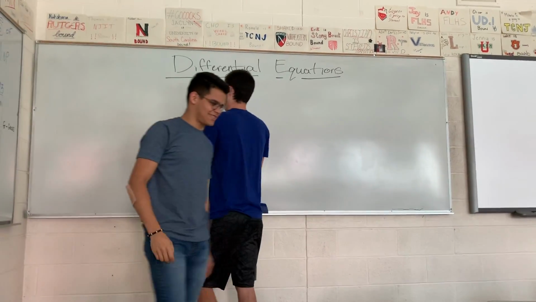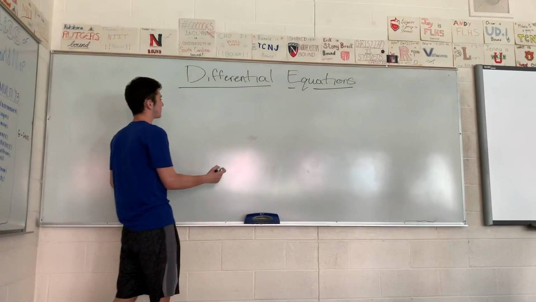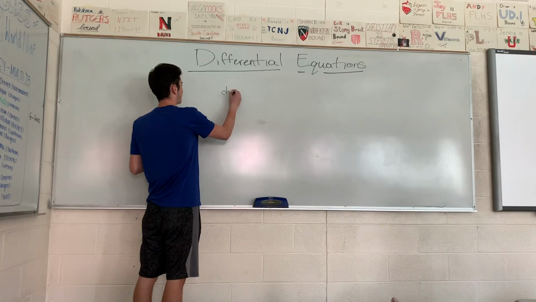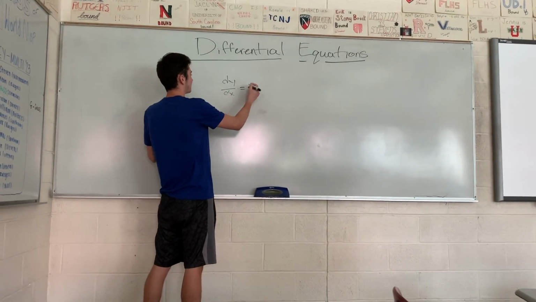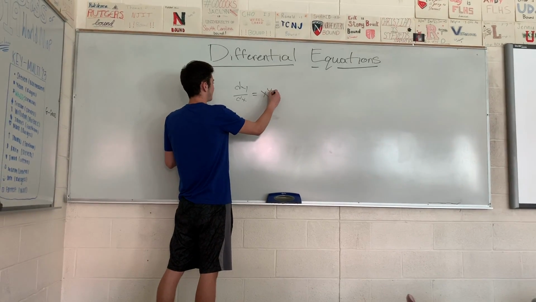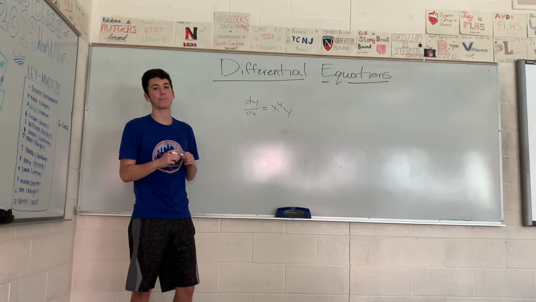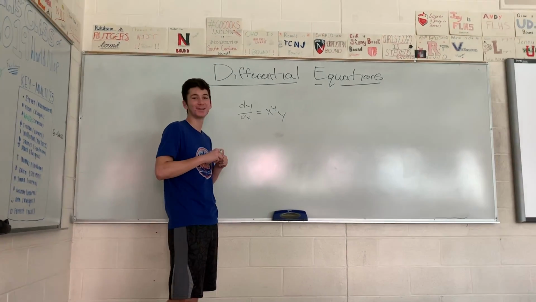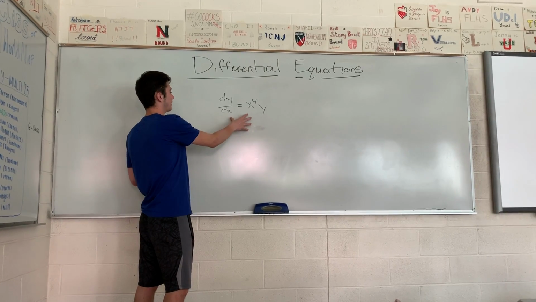Have fun. Okay, so this is differential equations. So what you start off with is, let's just say we have dy dx is equal to, and you could pick a random slope, so x to the fourth y. Excuse me, Joe? Yes. Can you talk louder? Yes, I can talk louder. So what this means right here is, this is the slope of a function.